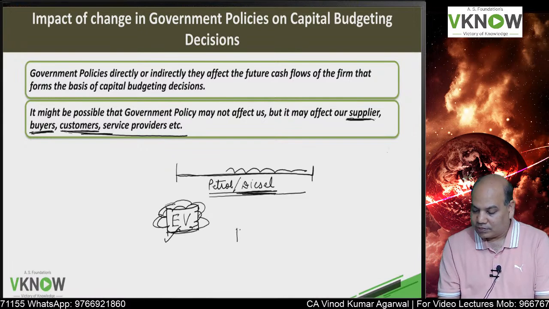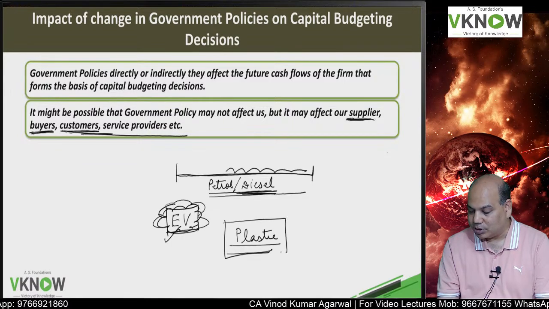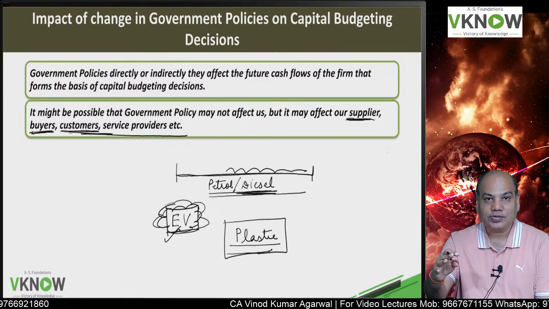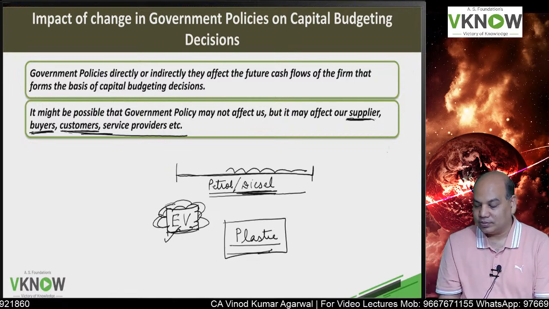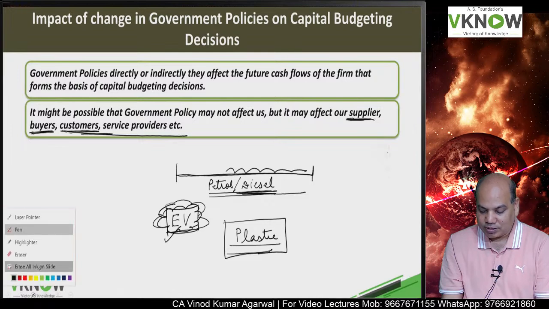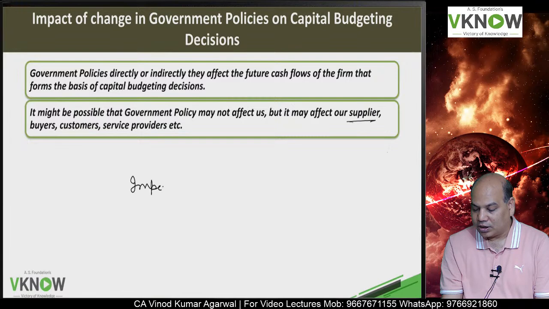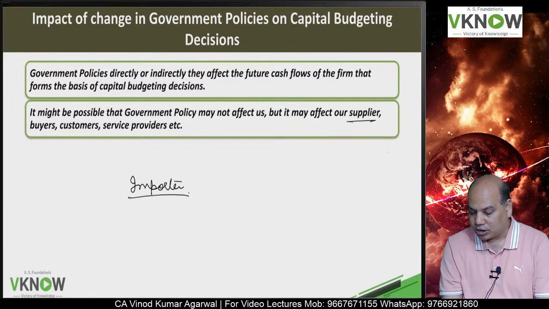One more example will be a ban on plastic. Imagine those companies which were manufacturing plastics. What will happen to them? They will have to shut down. Abandonment will apply. Or for example, you are importing. Your supplier is in a foreign country. You are an importer.